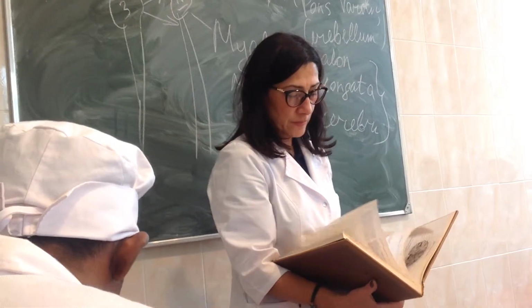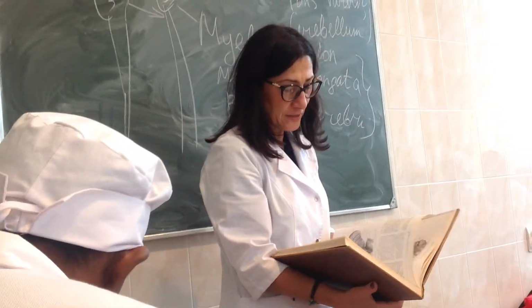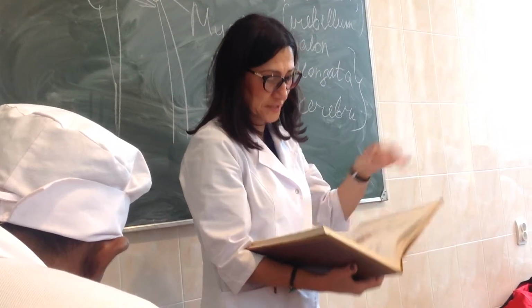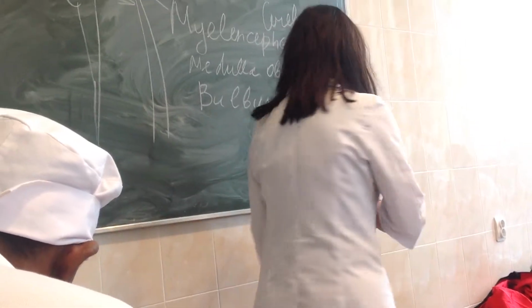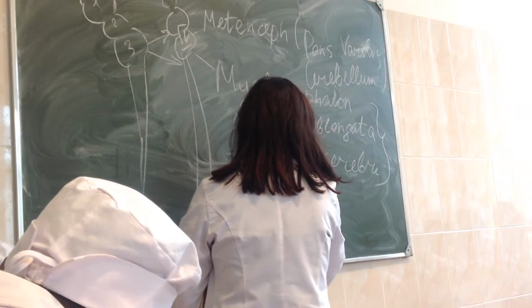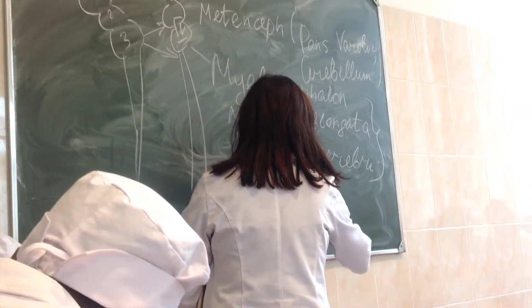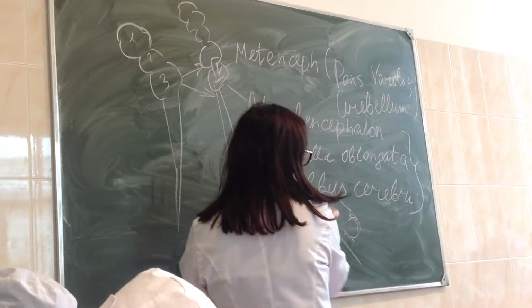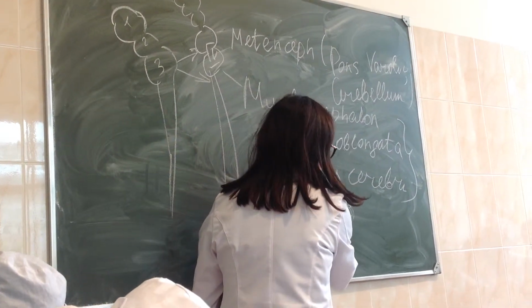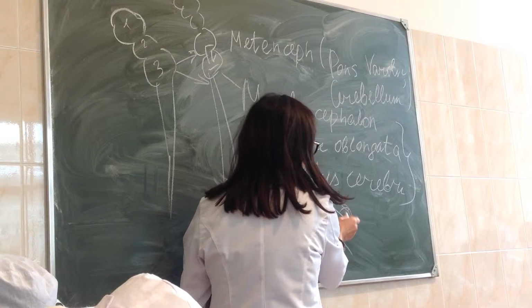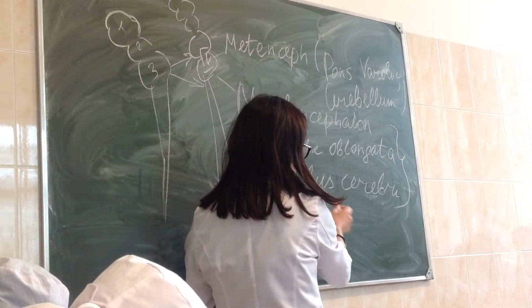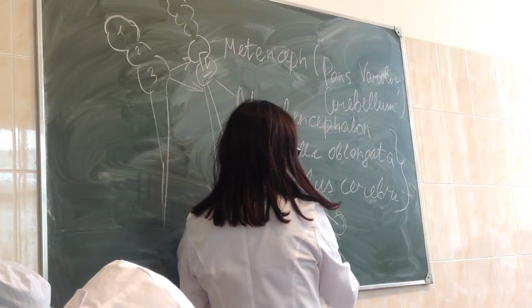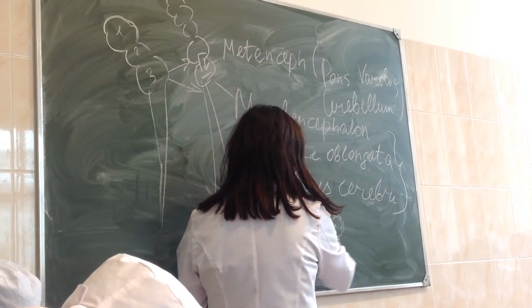Pons is bridge. Why does this part of the brain receive this interesting name? Between the cerebrum and cerebellum we have tracts which connect cerebrum and cerebellum. This connection is achieved through the pons.